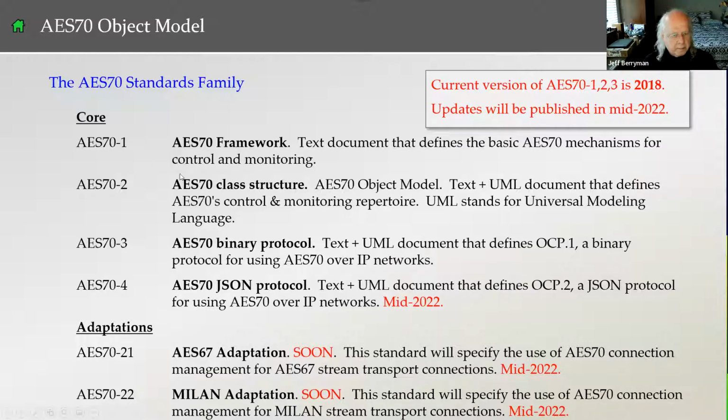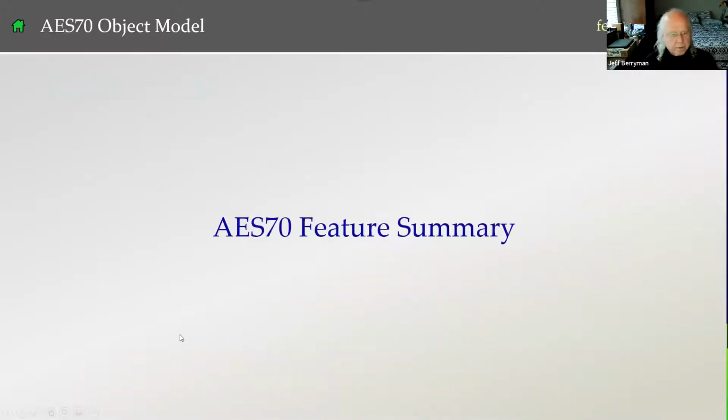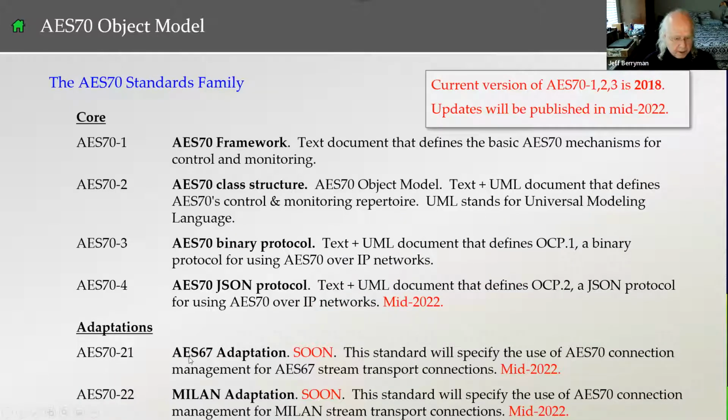In addition to these 4 core protocols, there are 2 what are called adaptations. An adaptation is a document that describes how to use Aes70 with another protocol. These 2 adaptations are about how to use Aes70 with media transport protocols. There's one that describes how to use Aes70 with Aes67 media transport.